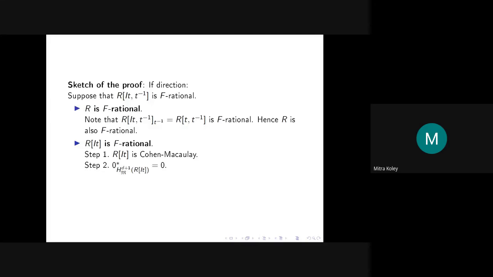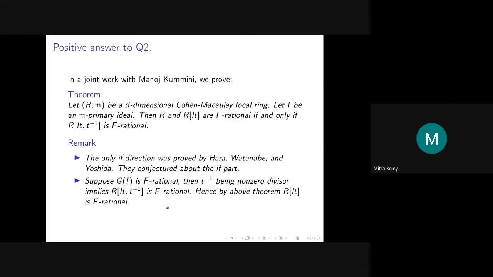And the second one, to show that the Rees algebra is F-rational, the proof has two parts. First, we show that the Rees algebra is Cohen-Macaulay, and second, we show that the tight closure of 0 is 0. Now I'll go back to the theorem again and note that the Rees algebra sits inside the extended Rees algebra as a summand.